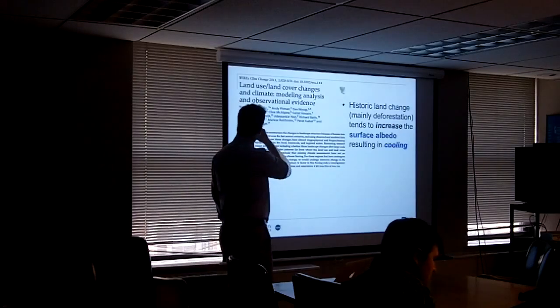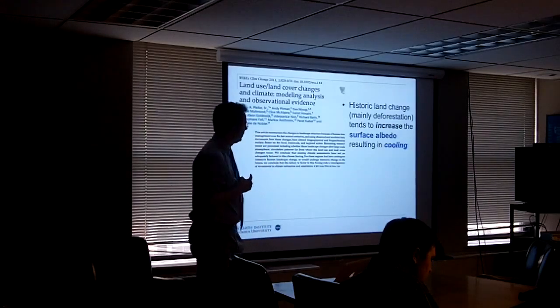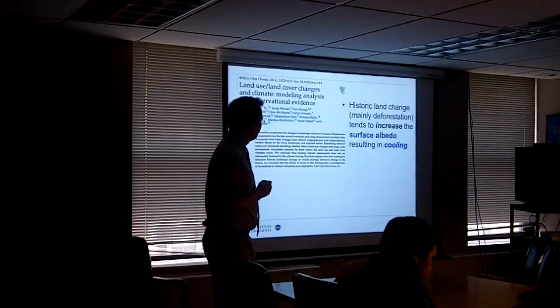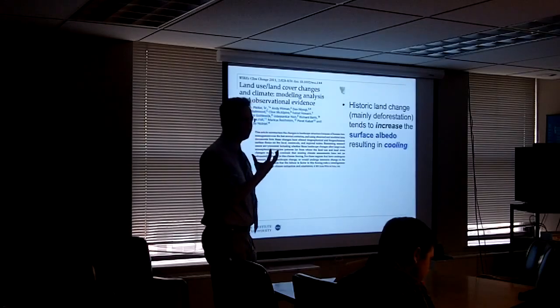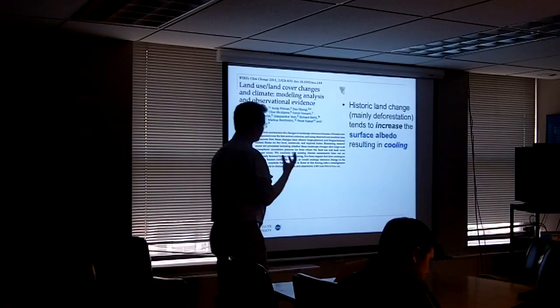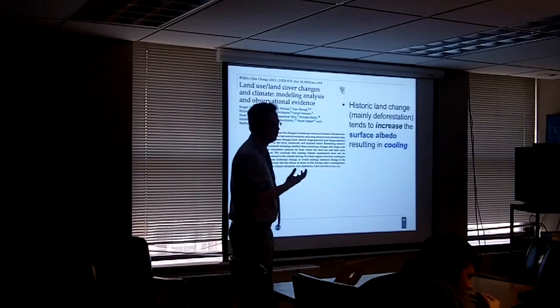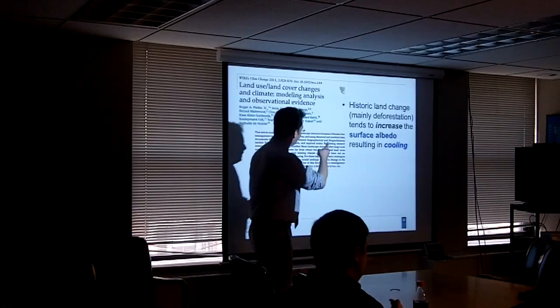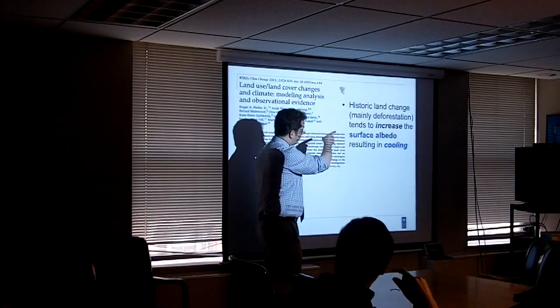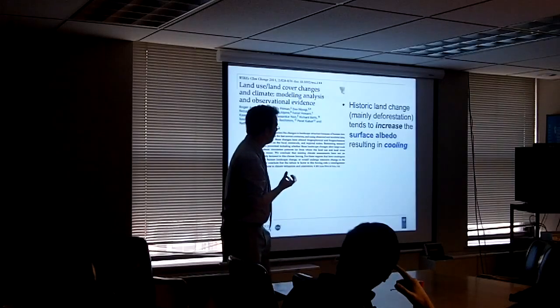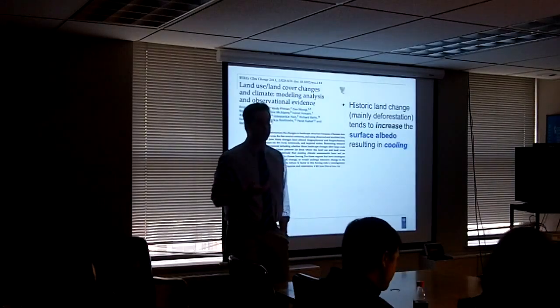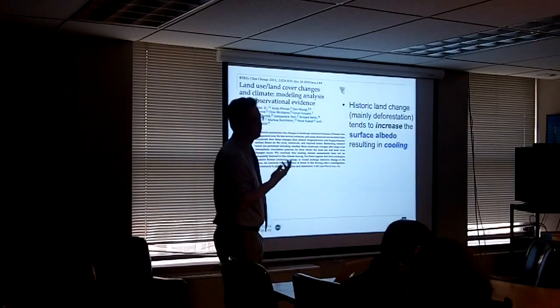There was a nice review paper by Roger Pielke Sr., and what are the main things we expect? The zero order changes due to land cover change. First, if we're talking about deforestation, you might expect an increase in surface albedo, and that might result in cooling.